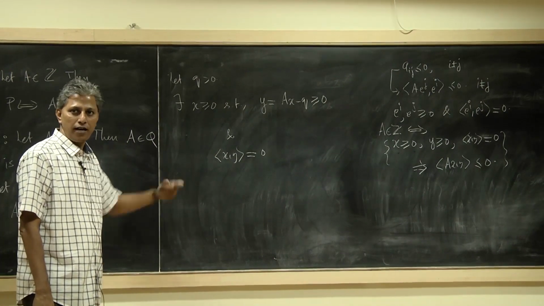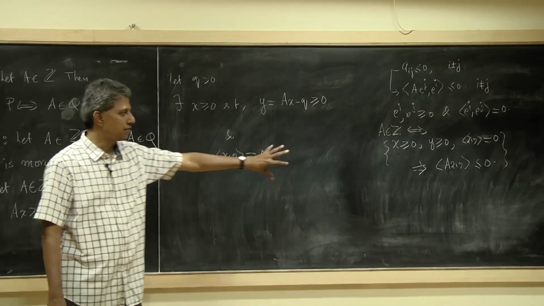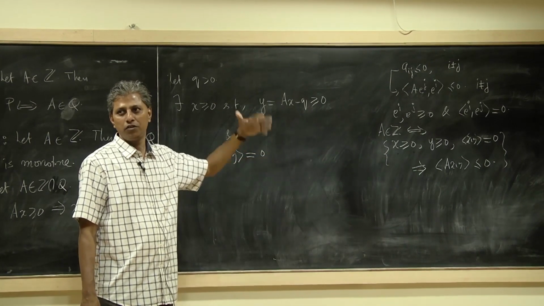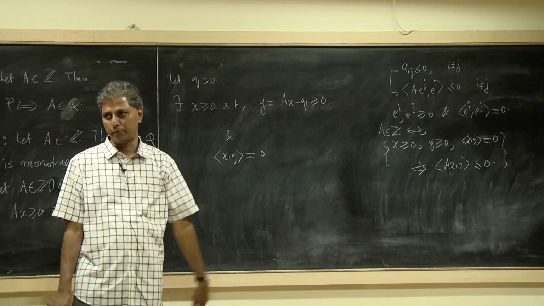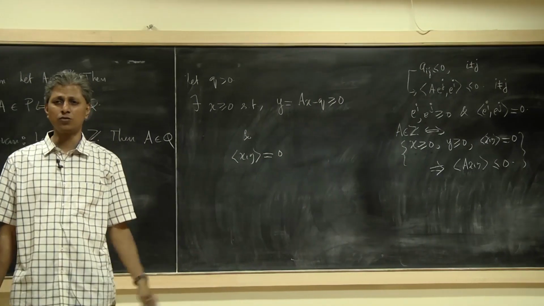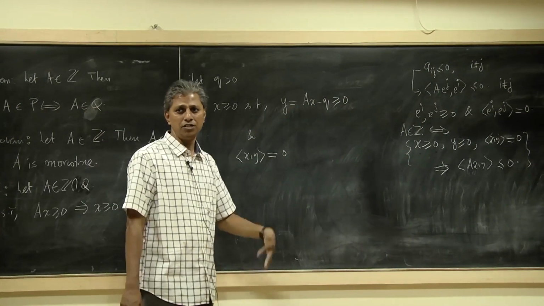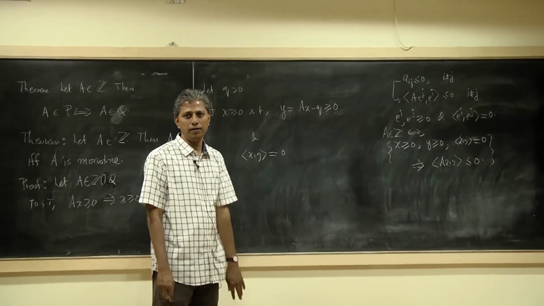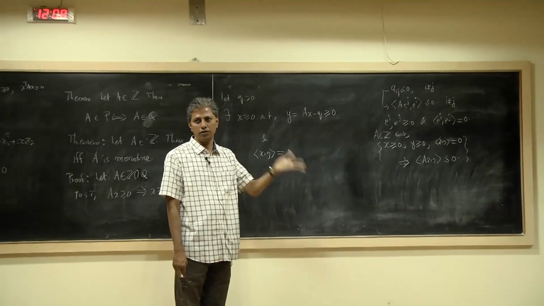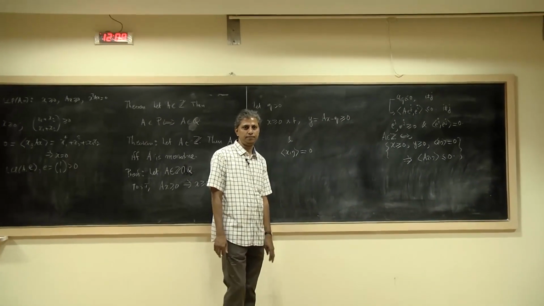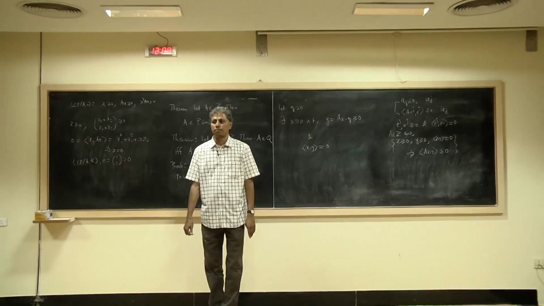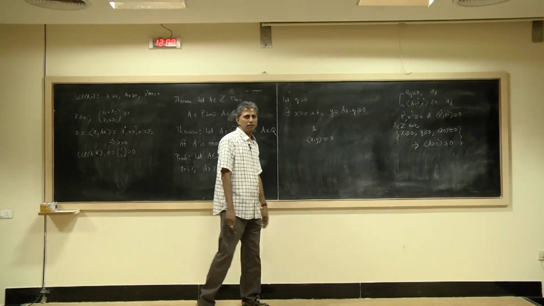And you can go the other way around. If A satisfies this, then by employing the standard basis, it follows that A is a Z matrix. Now this allows us to go to a general cone and its dual. One can talk about a Z operator on a cone.